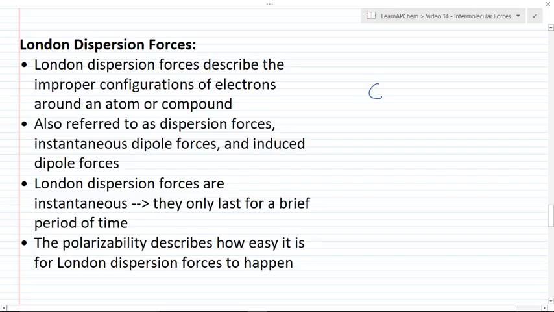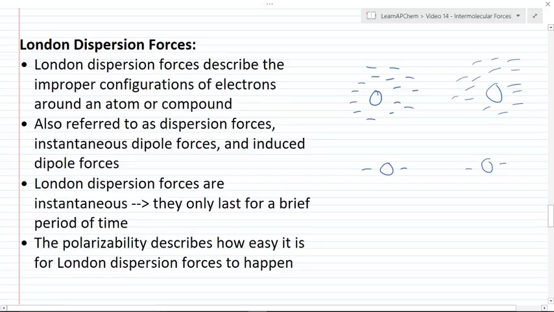If we have an atom with, I'll draw 15 electrons, this is going to be much more polarizable than something that only has 2. So let's take, for example, that this gets polarized. Okay, so I'll draw another one. If this one gets polarized, this one will as well.